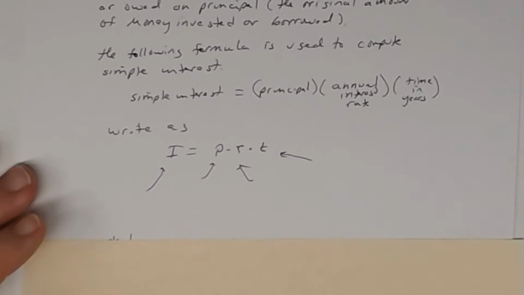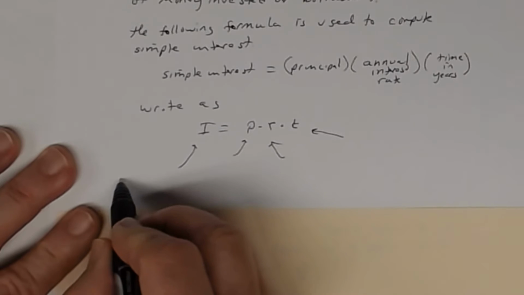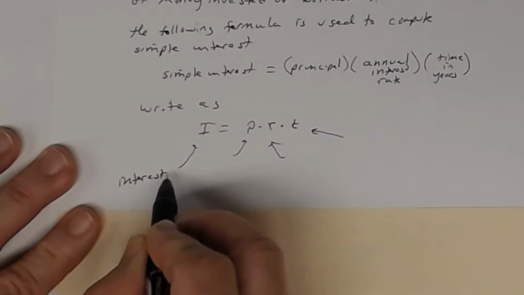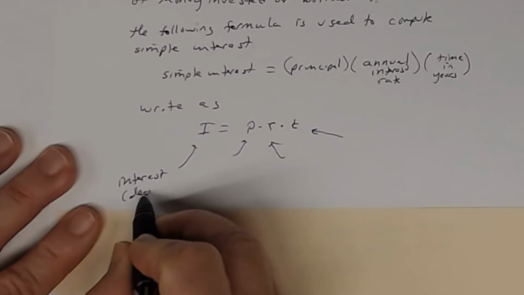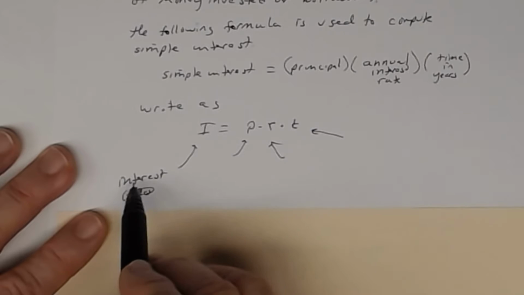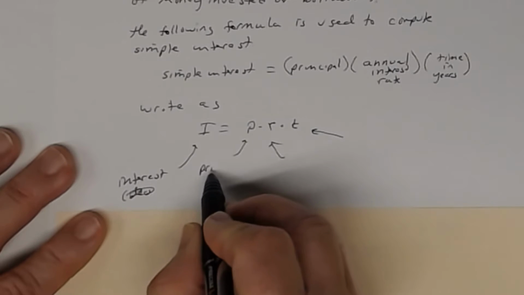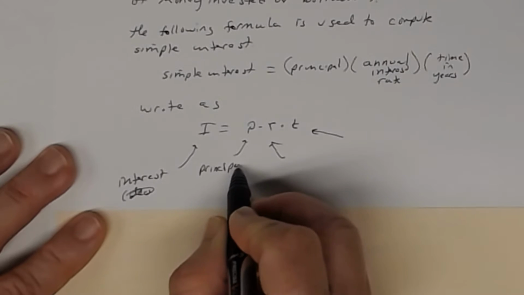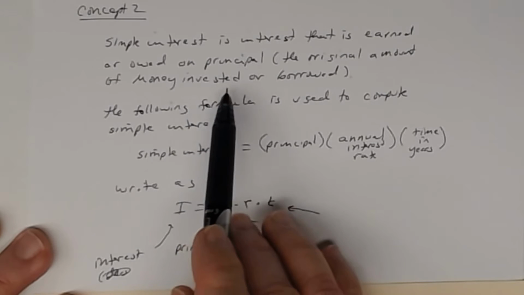Let's indicate that again. This I right here means interest, so that's how much interest you've earned. P is the principal, the amount borrowed or the amount invested.